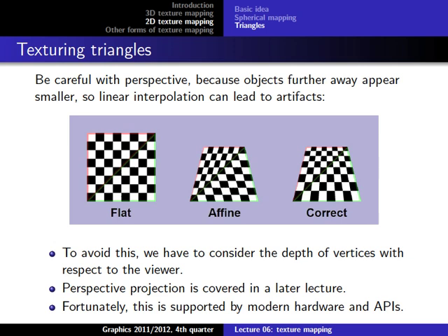Now, if you do a straightforward mapping of the corners like I just explained, and then calculate the values with linear interpolation, you will end up getting artifacts like you see here in the center, where we basically map these two triangles to the two triangles here. And you see, of course, this doesn't look correct from the perspective, but this would be correct.